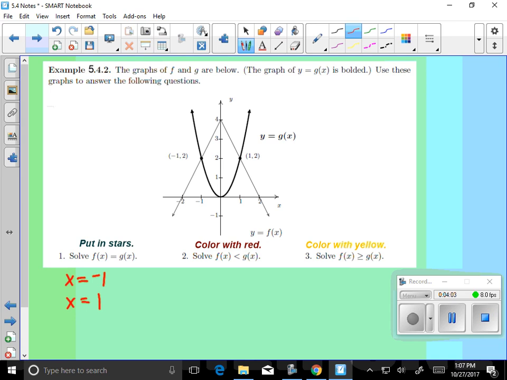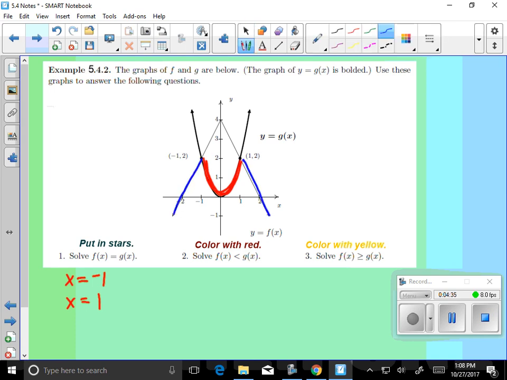So now let's solve where f of x, being the absolute value function, is less than g of x. Well, is f of x less than between -1 and 1 or on the outsides of -1 and 1? Well, let's take a look. Here's f of x. Oops, excuse me, this is g of x. So g of x is less than in between. Here's f of x, right?